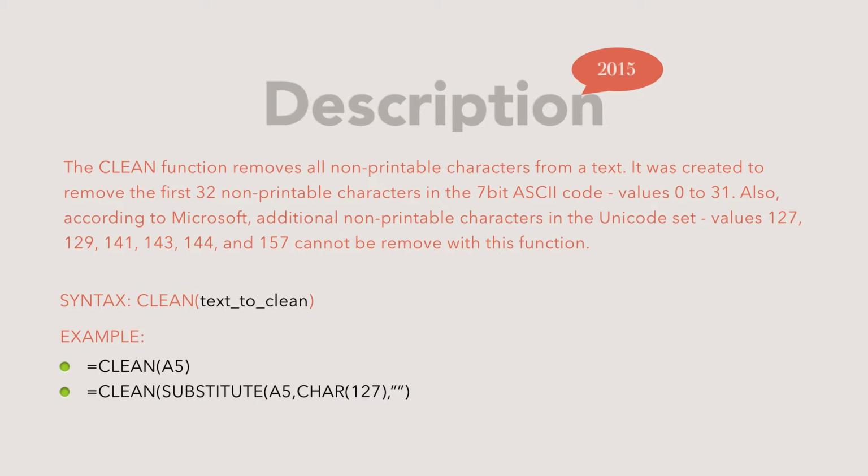So it replaces all the 127 characters with nothing, and returns A5 almost clean. Then the CLEAN function removes the rest of them. You can do that with all those characters one after the other. It depends; you can use VBA if you want to. If you have any questions on this, just send us an email.